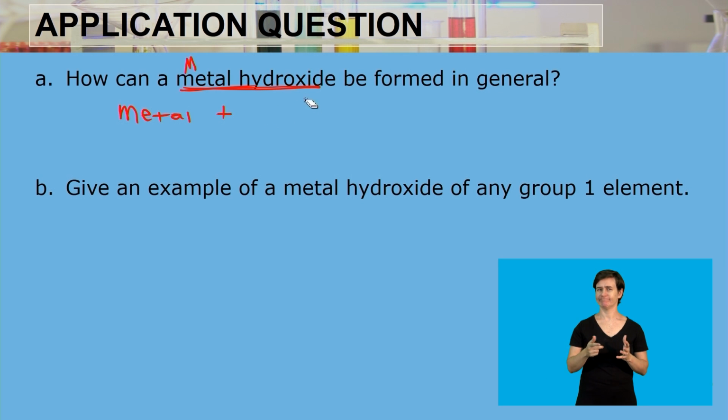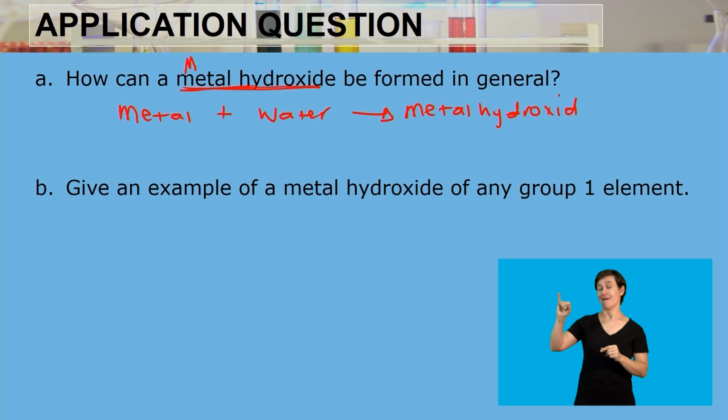The hydroxide is coming from water, so it's going to be a metal plus water to form a metal hydroxide. So the hydroxide that is going to be reacting with this metal, it will be coming from the water, because that's going to be our H2O. It has the OH within itself.